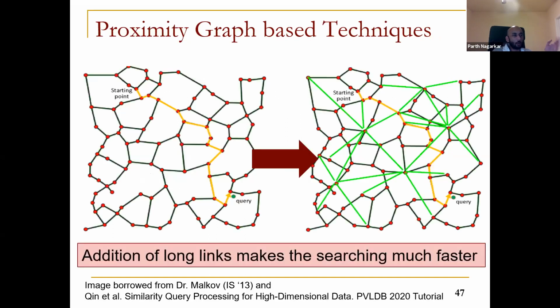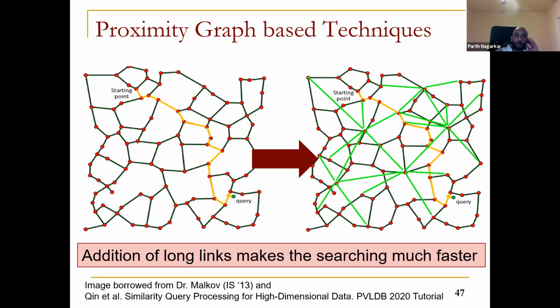These images are borrowed from previous slides, and the goal is that these are the points in your database, and you want to create these graphs such that you create these long links between these points with the hope that when you have the query point here, and even if you start somewhere else, then using these long links in the graph, you should find your nearest neighbors very quickly.